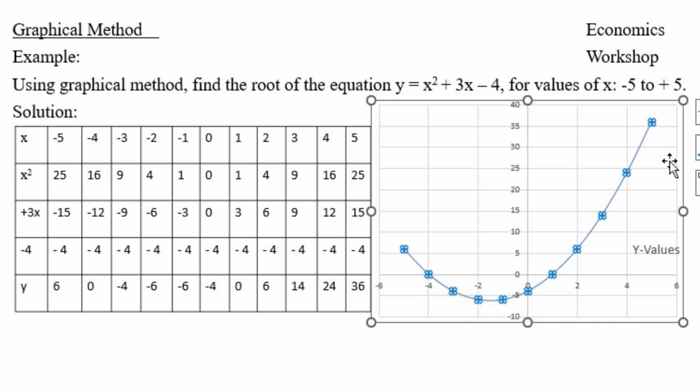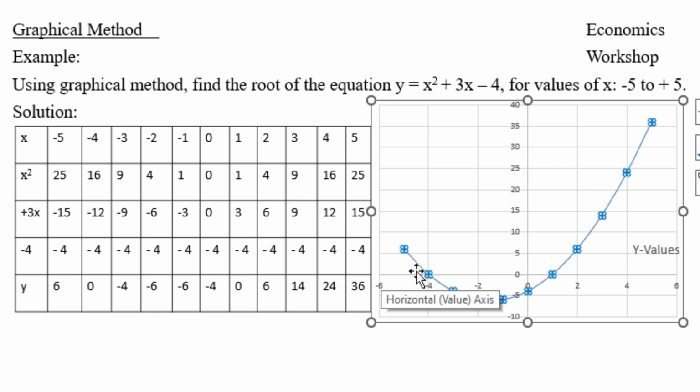So when you plot the values of x against their respective values of y, we have this curve. To get the values of x that satisfy this equation, the root of the equation, you can see that this curve cuts this x-axis in these 2 points.